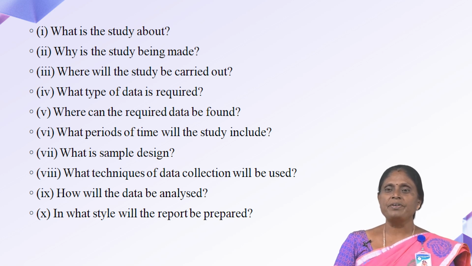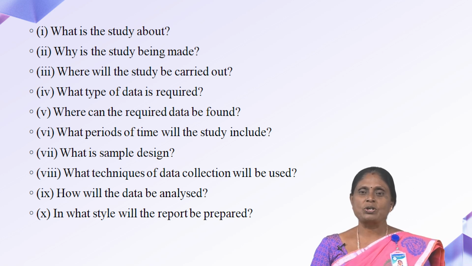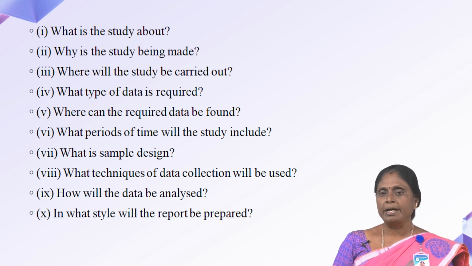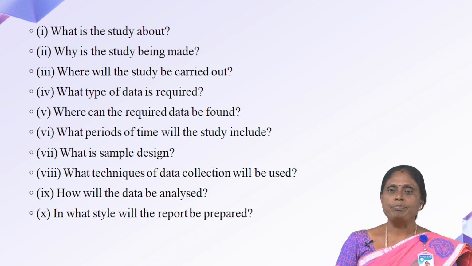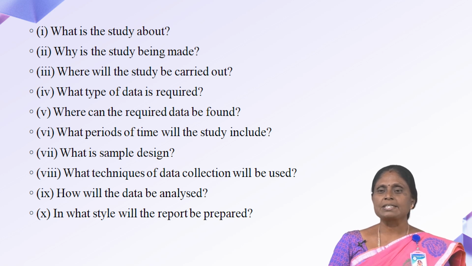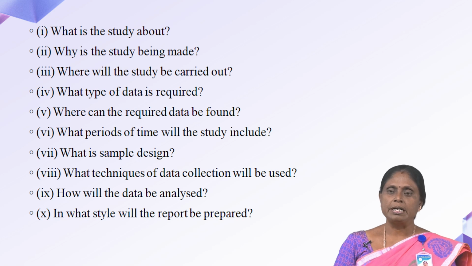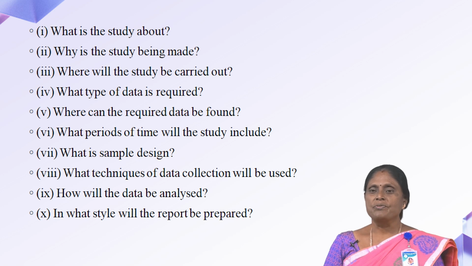So, what type of data is required for the analysis or collection of data? Next, where can the required data be found? Next, the time period: what period of time will the study include? Whether 1 year, 2 years or 5 years.